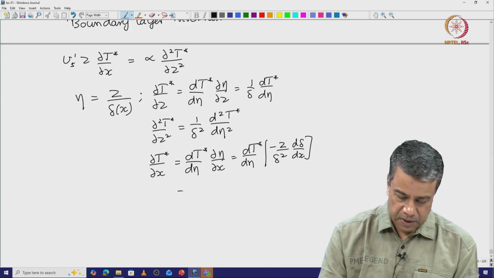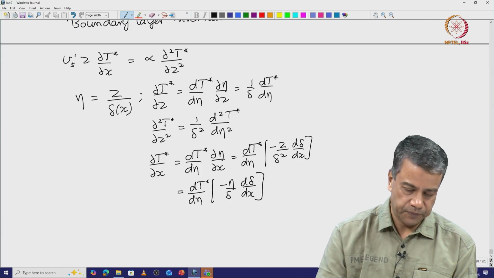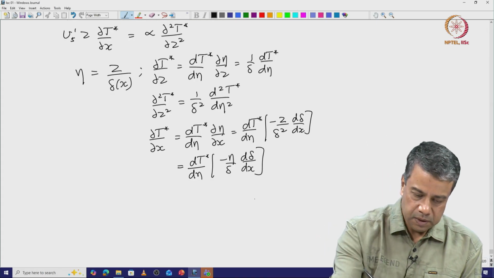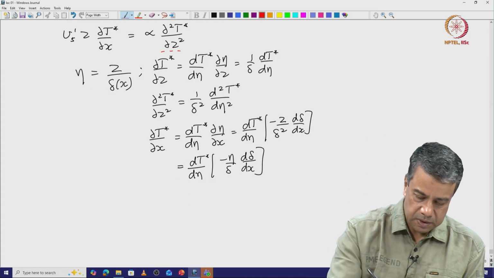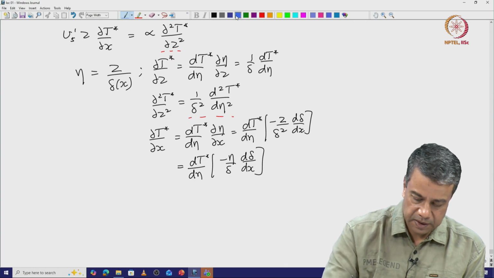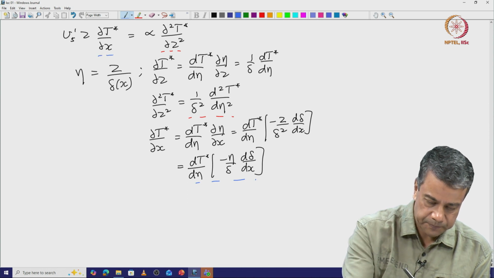And expressing it back in terms of eta, I can write this as minus eta by delta. So, we will use this expression for the diffusion term on the right side and this one for the convection term on the left side.